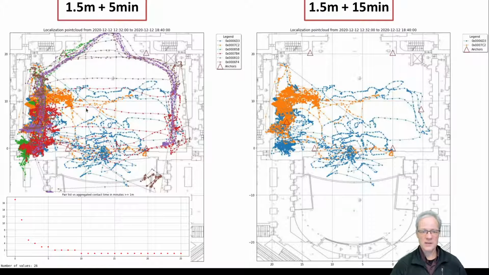There we see that still the right side is a little busy, but the left side is definitely busy, and a little bit here in the center. And then if we run it for 15 minutes, it turns out that the right side is not really a problem. The left side is though.